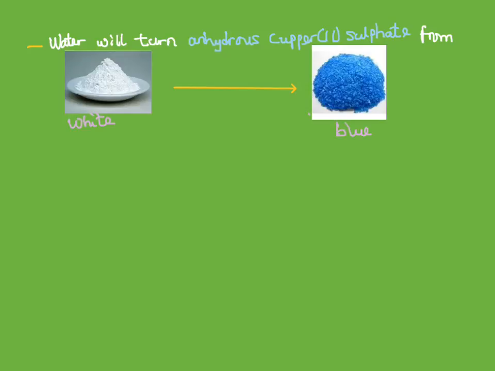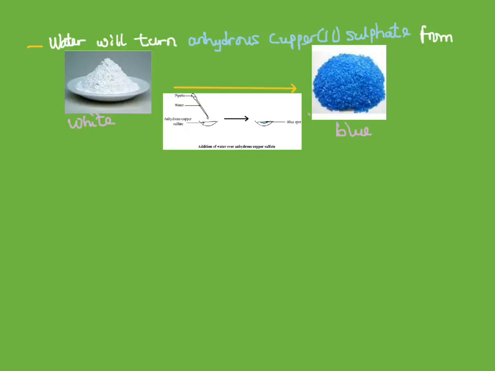Therefore, if we have anhydrous copper 2 sulfate in a bowl and we place water in a pipette, dropping a few drops of water into the bowl containing the anhydrous copper 2 sulfate, you will notice that the spot which the drop of water touches turns blue.